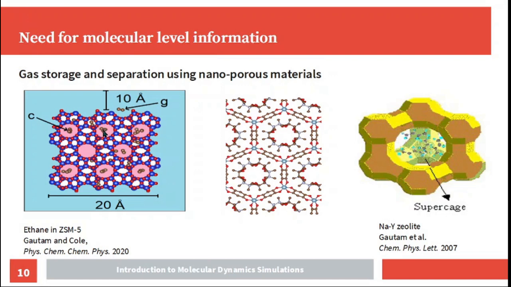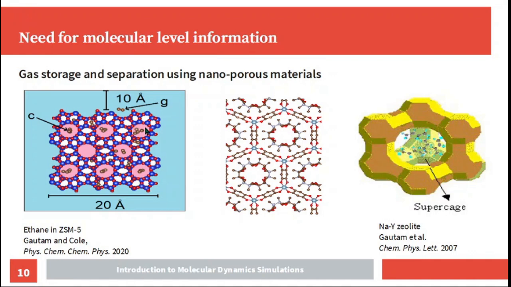So for example, here we have an example of ethane molecule. There you can see some ethane molecules trapped here in this pore, and all these pores. Once these molecules are trapped into these pores, because of the strong interaction with the substrate, that is with the silicon and oxygen here, it is sometimes difficult for these molecules to escape, and this way you can store gases.